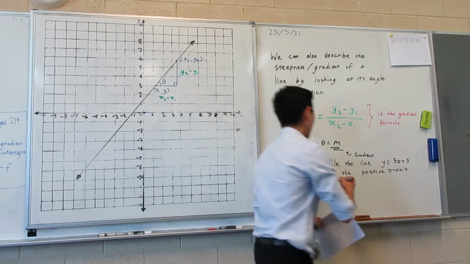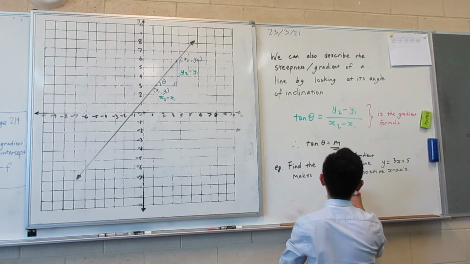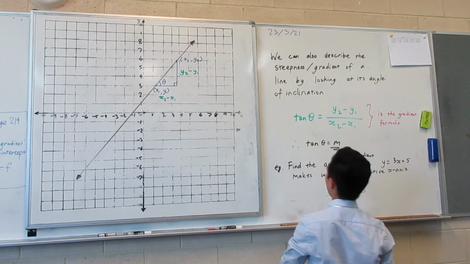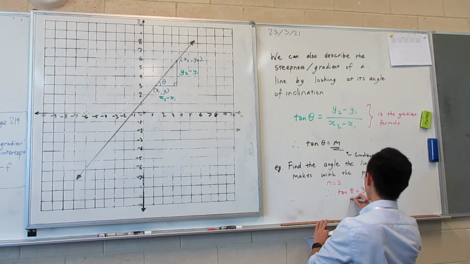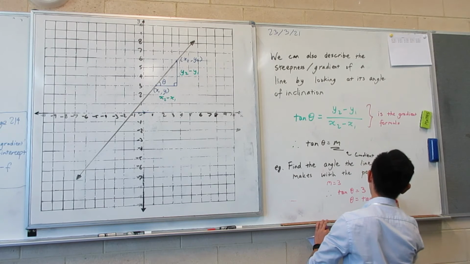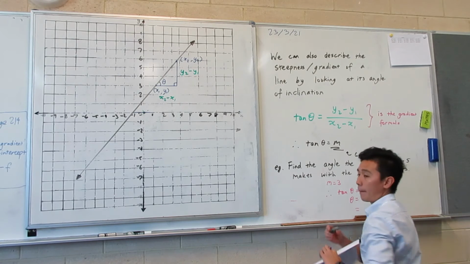Now, if m is equal to 3, that means that tan theta has to equal 3. And if we want to find theta, we can use tan negative 1 of 3.